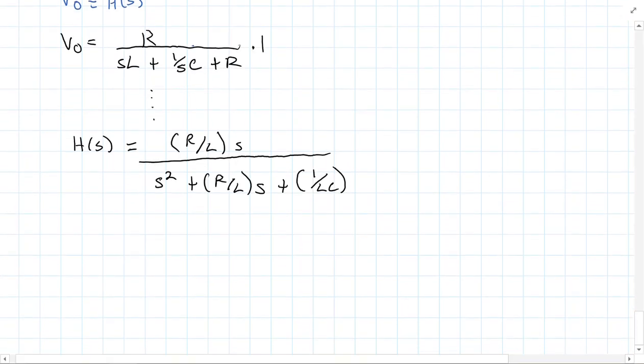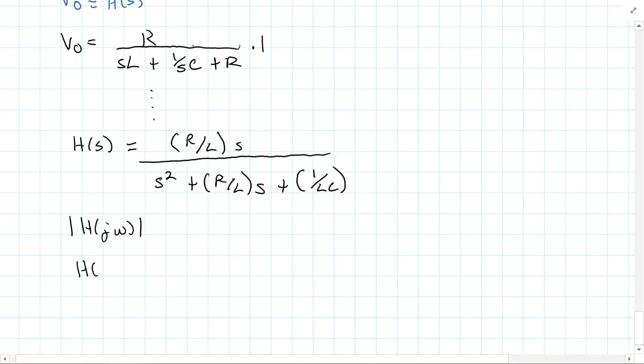Okay, so now we have to do some messy work here, because what we really need to look at is the magnitude of h at j omega, because we want to find these 3 dB points. So we're going to substitute that in.